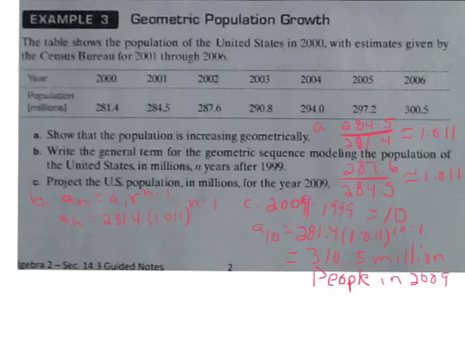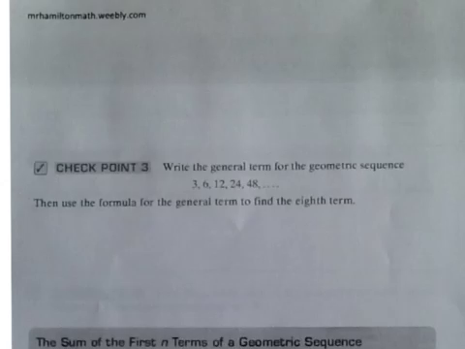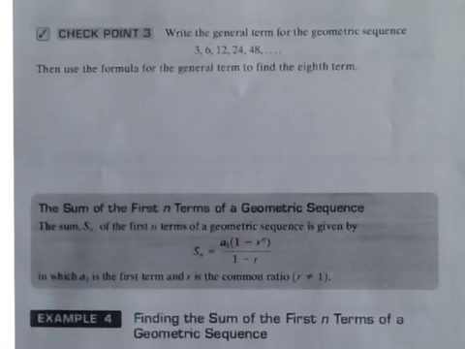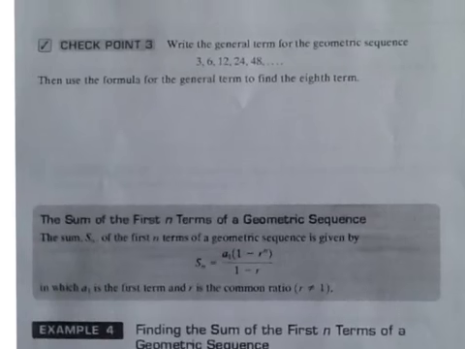You are going to turn to page 3, and you will do checkpoint 3. Press pause now, and then do checkpoint 3, and when you come back, I will give you the answer. So checkpoint 3 has a general formula.